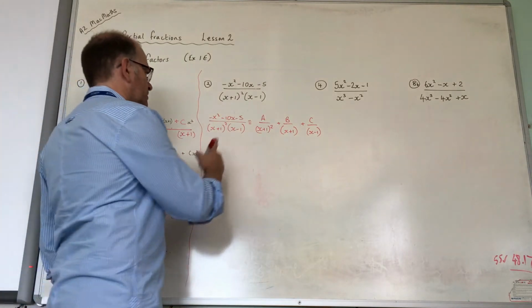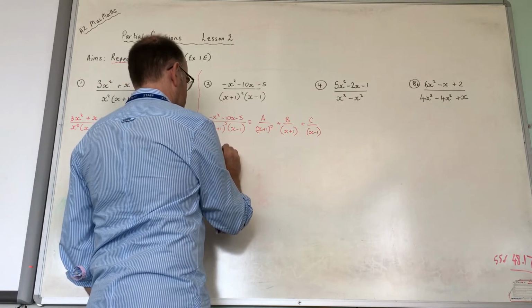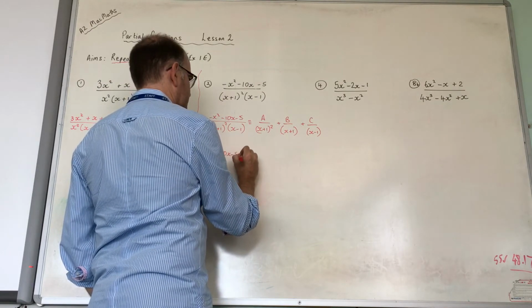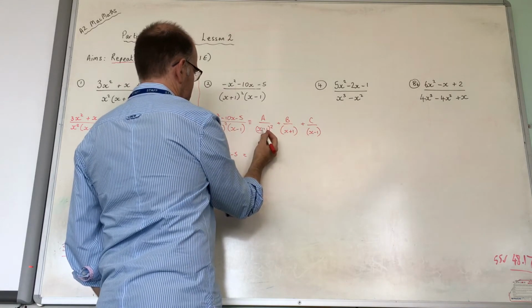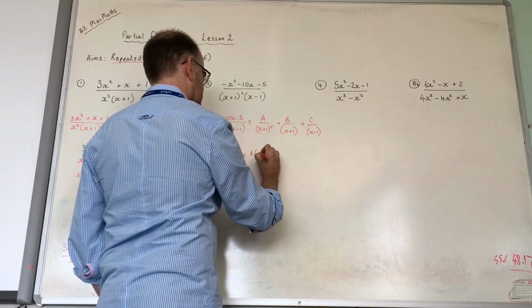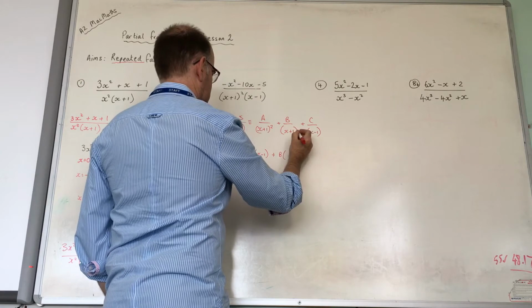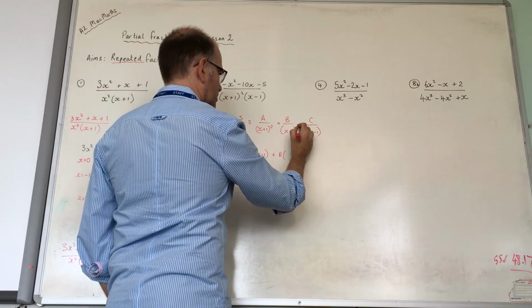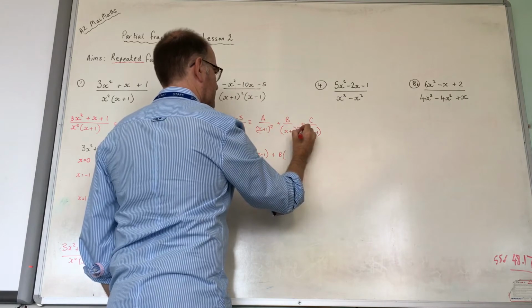Okay, so now I'm going to go that minus x squared minus 10x minus 5, I'm just doing the top row now. Now that, I'd have to multiply it by that top and bottom. So that's going to be a times x minus 1. That one would have to be times by another x plus 1 to get that, and an x minus 1.